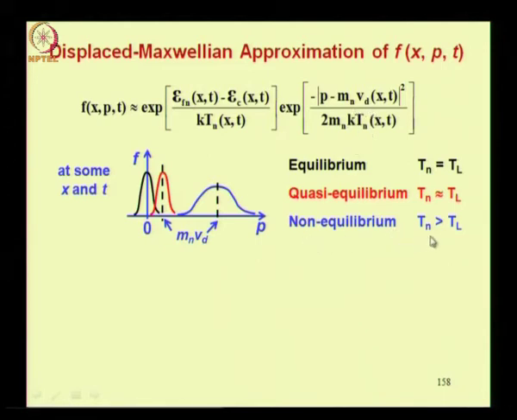So in non-equilibrium Tn becomes more than TL. How does Tn becoming more than TL broaden the peak? Well, that is seen easily. If this denominator is large, then the width of the peak region will increase. This is clear from the nature of the Gaussian function.